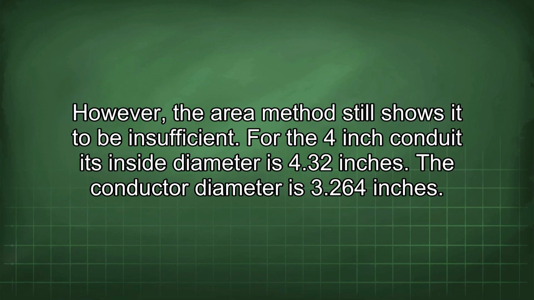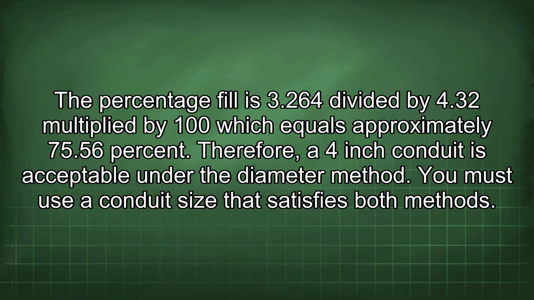However, the area method still shows it to be insufficient. For the 4-inch conduit, its inside diameter is 4.32 inches. The conductor diameter is 3.264 inches. The percentage fill is 3.264 divided by 4.32 multiplied by 100, which equals approximately 75.56%. Therefore, a 4-inch conduit is acceptable under the diameter method. You must use a conduit size that satisfies both methods.